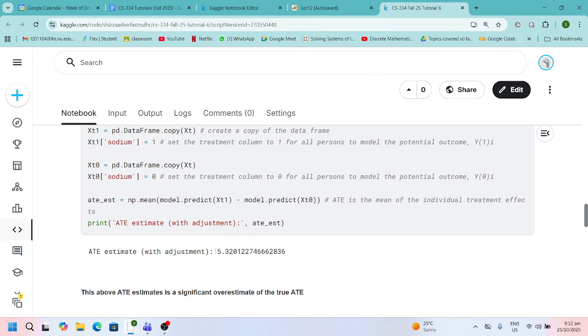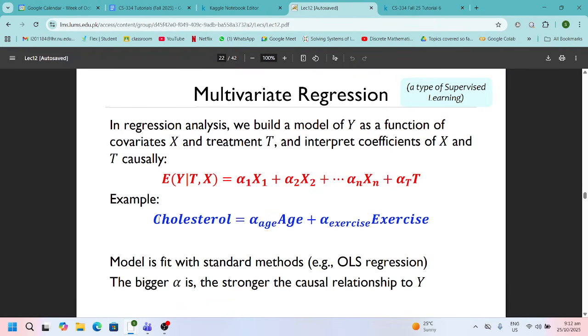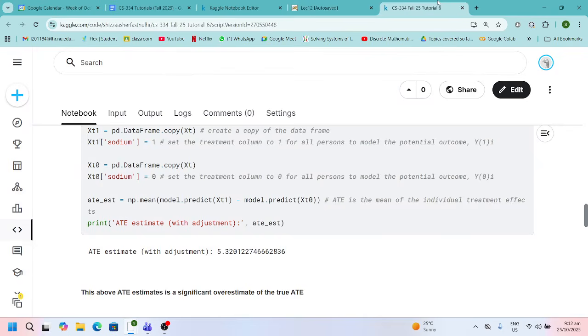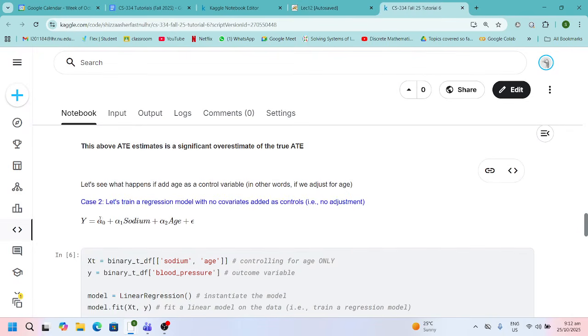Without controlling for anything right now, this comes out to be 5.32, which is fairly similar to a difference in means. But the idea is to be able to include covariates, and so far we have not included any covariate. Then suppose that I include age with sodium as well.